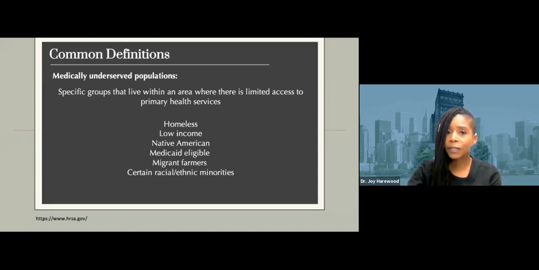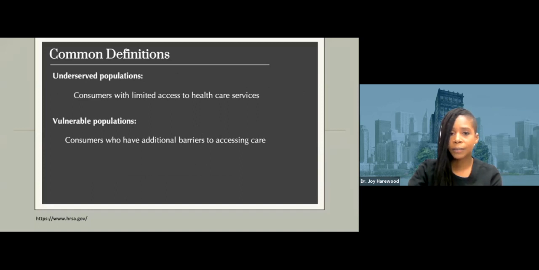Now, this is the specific definition for these groups who are known to be in underserved areas, but I would actually add a couple other populations as well, including those in the transgender population, as well as service workers.